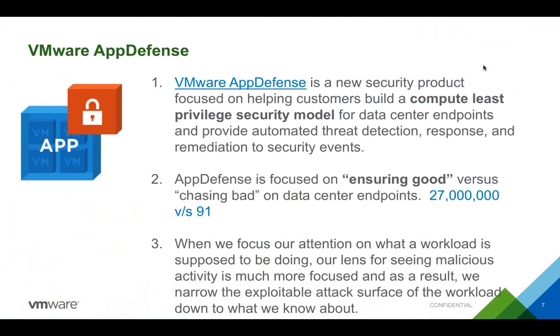So what we have documented, based on App Defense running in our customer environment in the early field trial, is 91 good behaviors that you can ensure and protect your application with. So at the end of the day, the goal here is to shrink and simplify the problem of security by putting a laser focus on what the workload is supposed to be doing, so that if there's any deviation from that intended behavior, I can get more focus and narrow down the exploit that is trying to attack my workload.